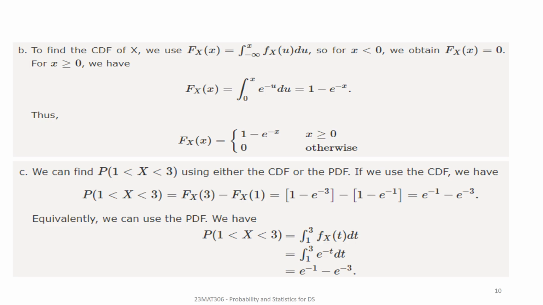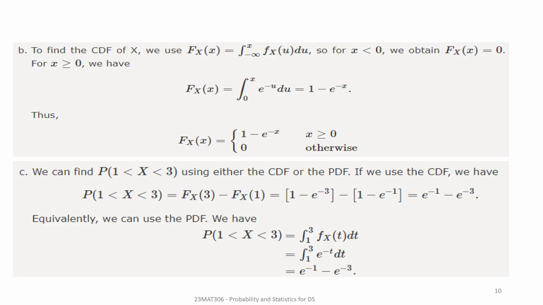So to find the probability of 1 less than x less than 3, we can opt for two methods, either by using the cumulative distribution function or the probability density function. By the probability density function, we use the method as usual. So the integral from 1 to 3 of f of t dt, where f of t is e to the power minus t dt.